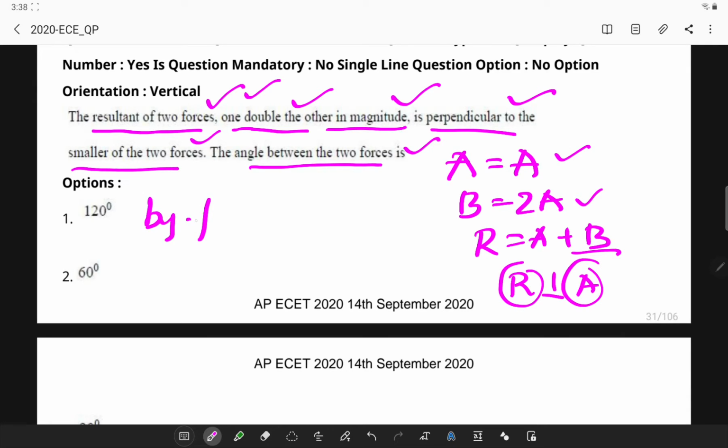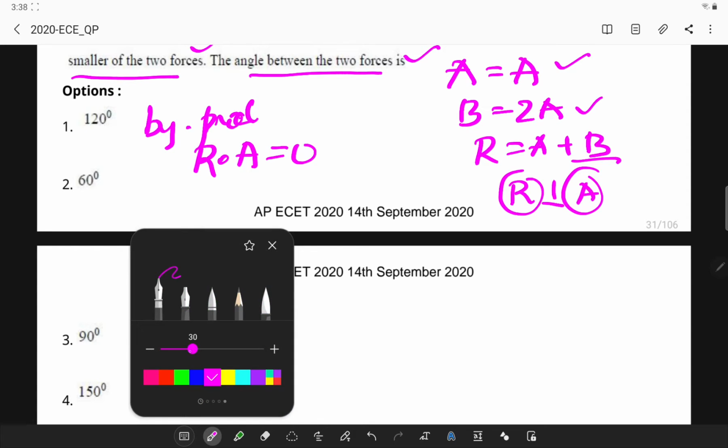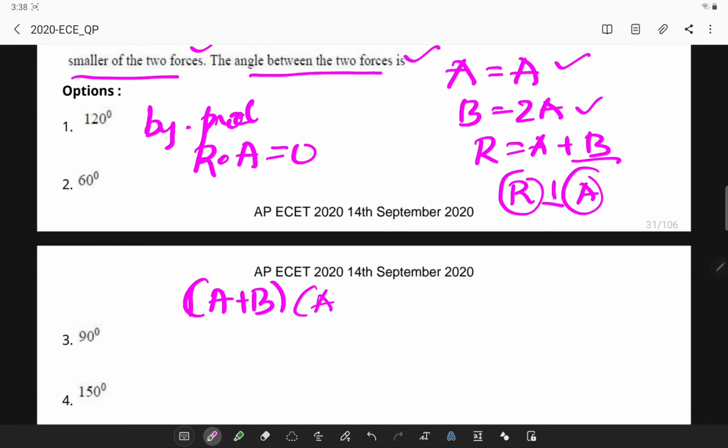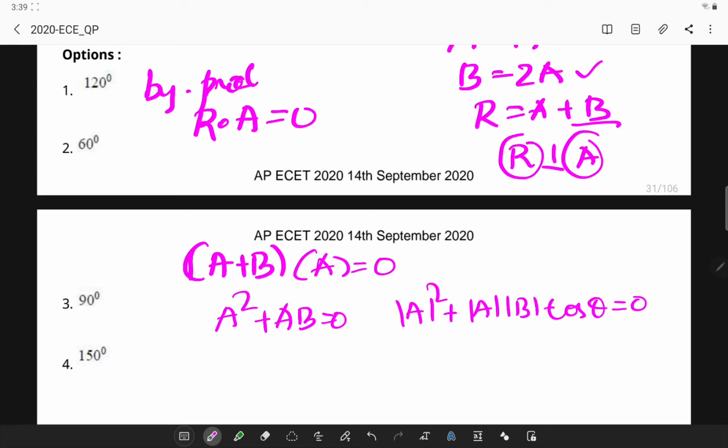So by dot product, we remember R dot A is equal to 0, or if I substitute R as A plus B, dot A is equal to 0, because R is equal to A plus B. So A square plus A dot B is equal to 0, or modulus of A square plus mod A into mod B into cos theta is equal to 0.